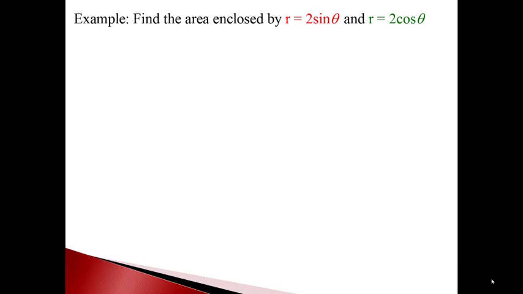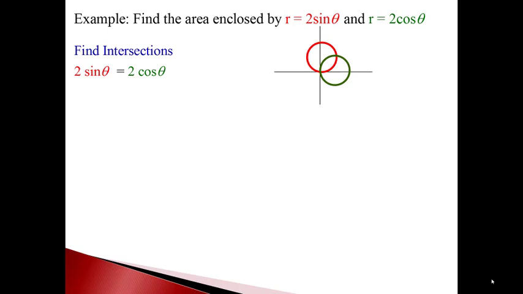In the following example, we find the area enclosed by two curves, r equal to 2 sine theta and r equal to cosine theta. First, we graph and find the intersection by solving the equation 2 sine theta equal to cosine theta.